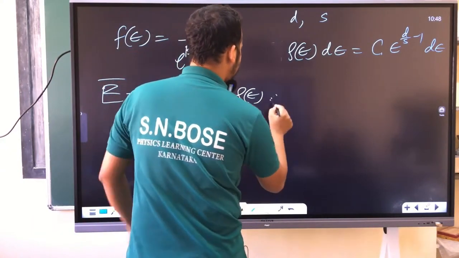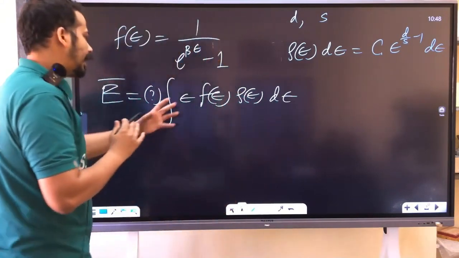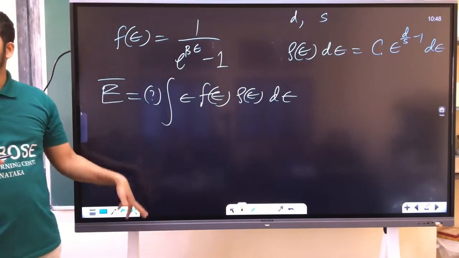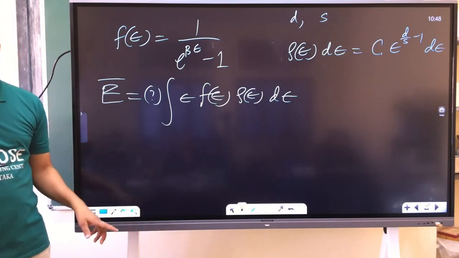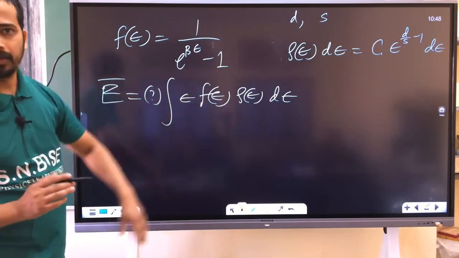You don't have to do the integral accurately, but you should be able to grab the temperature term outside so that you can find the specific heat from this average energy. That process is required.